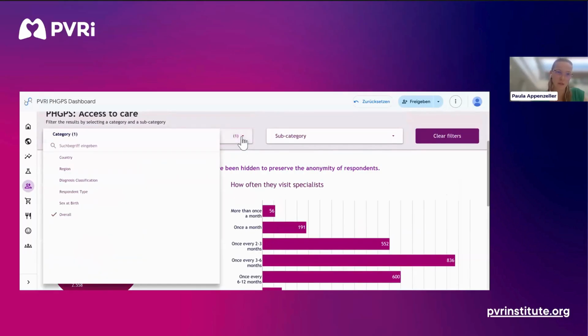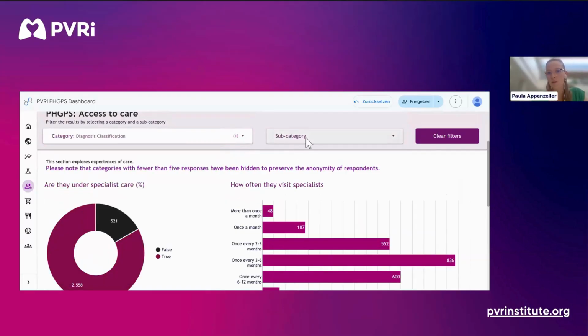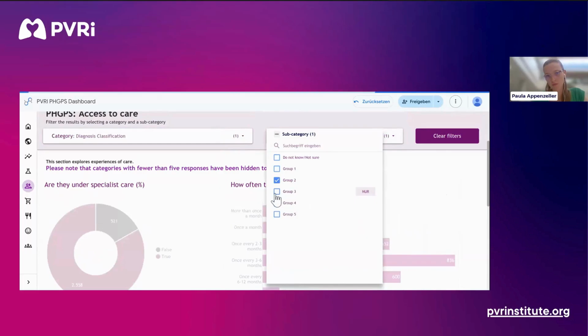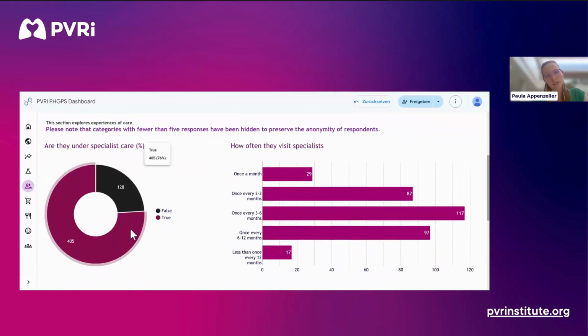And here again, if we apply the same category, so we go back to diagnosis, and we go back to group 2 and 3, we see that 75% or 76% of the patients with group 2 and 3 who participated in our survey were under specialist care, and we would think that this is a population who would be participating in clinical trials as well. But it's only 16%.